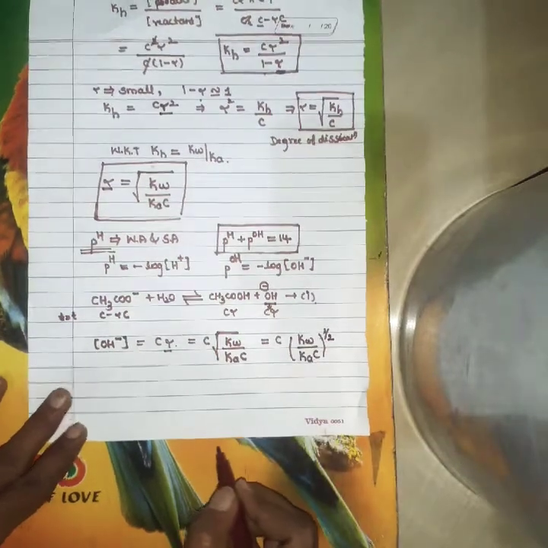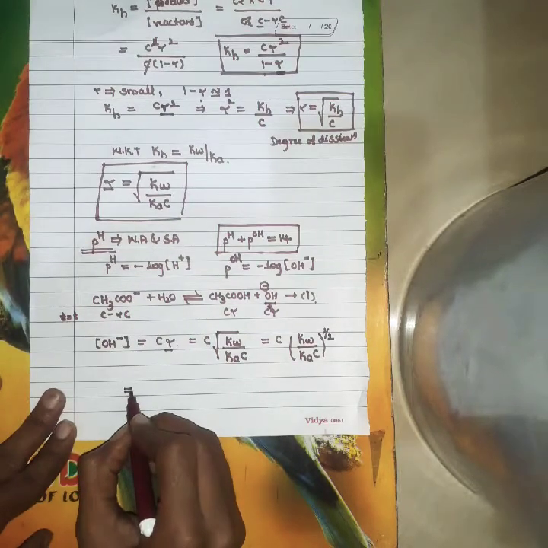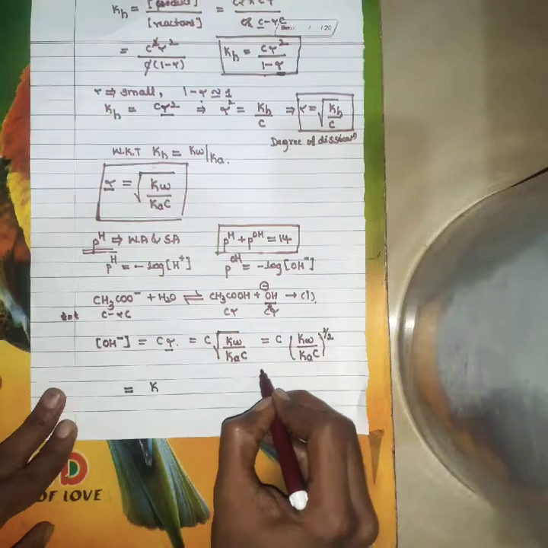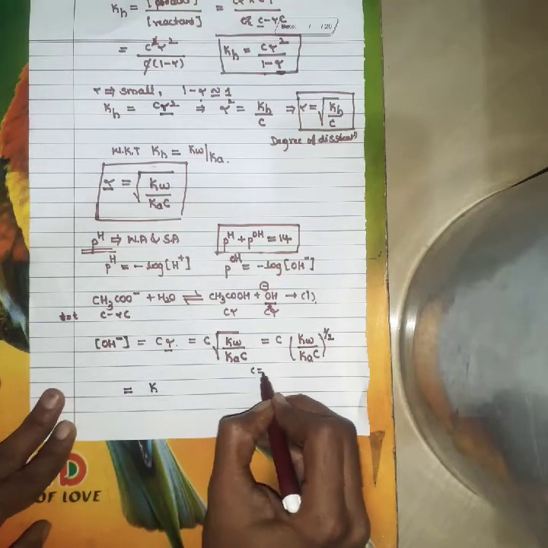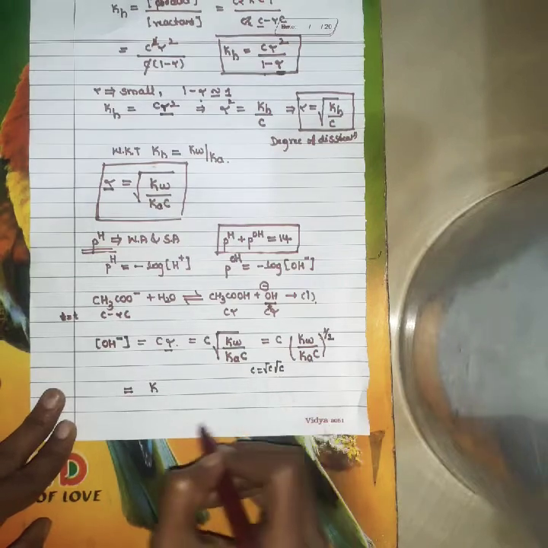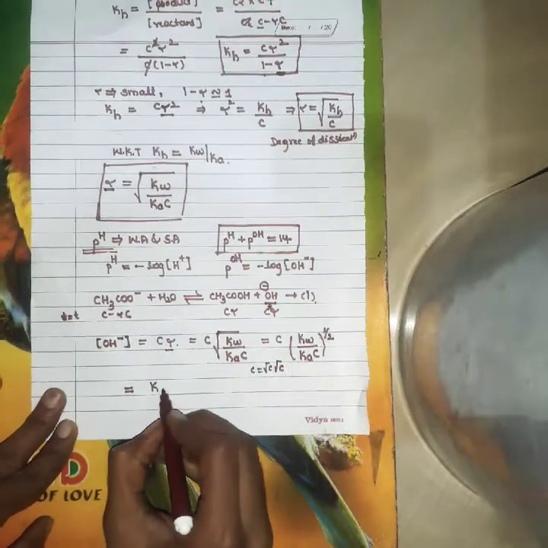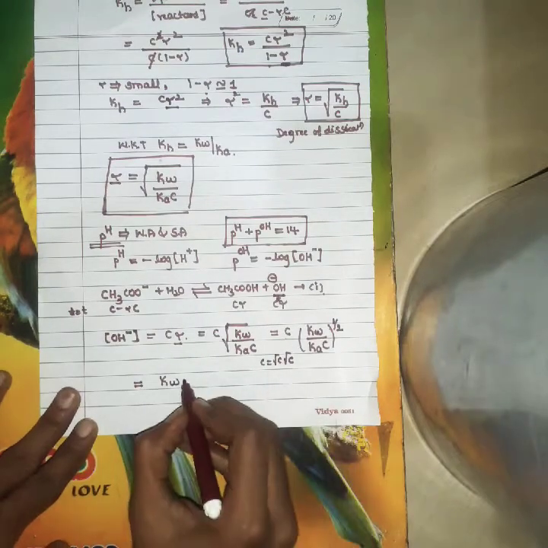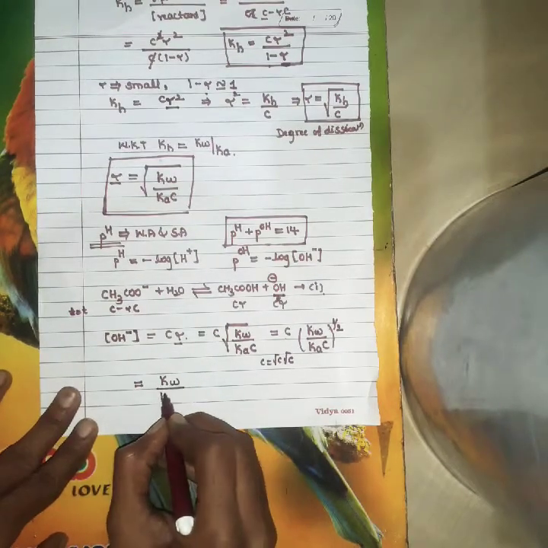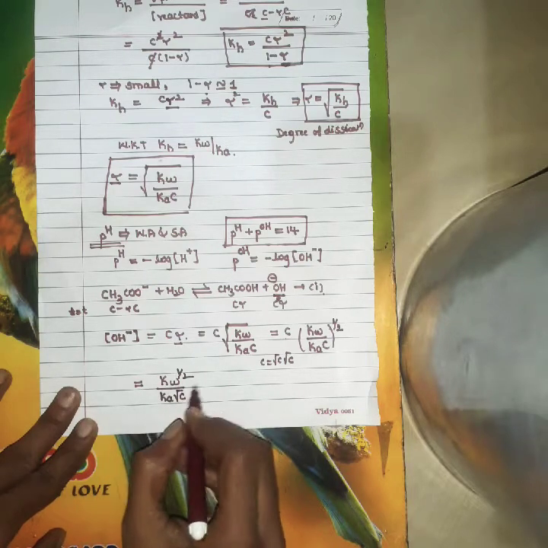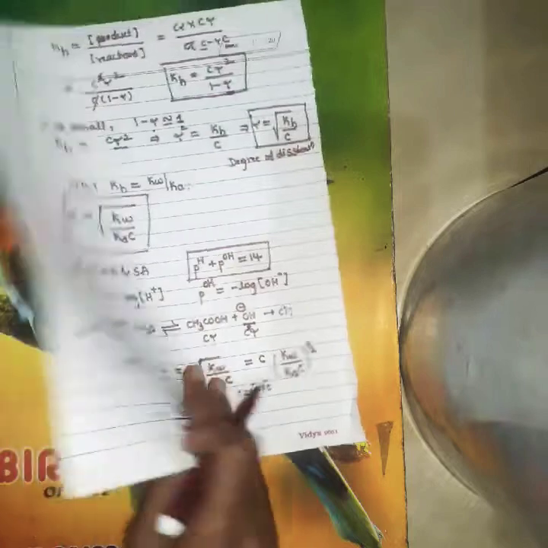After simplification, how will it become? C means C is equal to root C into root C. We have to write in bracket root C. C means root C into root C. Kw divided by Ka into C, all raised to 1 by 2. This is all. Once again, wait.